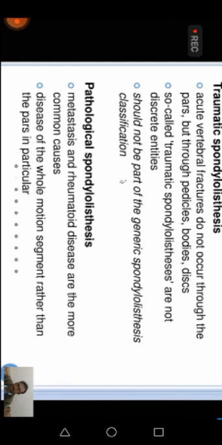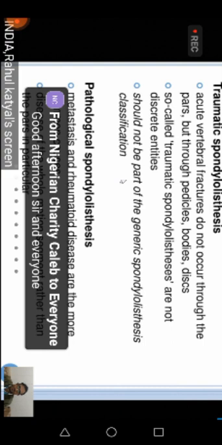So in a similar way, the third one is the pathological spondylolisthesis. The day before, someone was asking a question about rheumatoid arthritis, whether sciatica occurs in rheumatoid arthritis also. So this is the main reason, right? It is more pathological because of the inflammation around the facets and these joints of the spine.